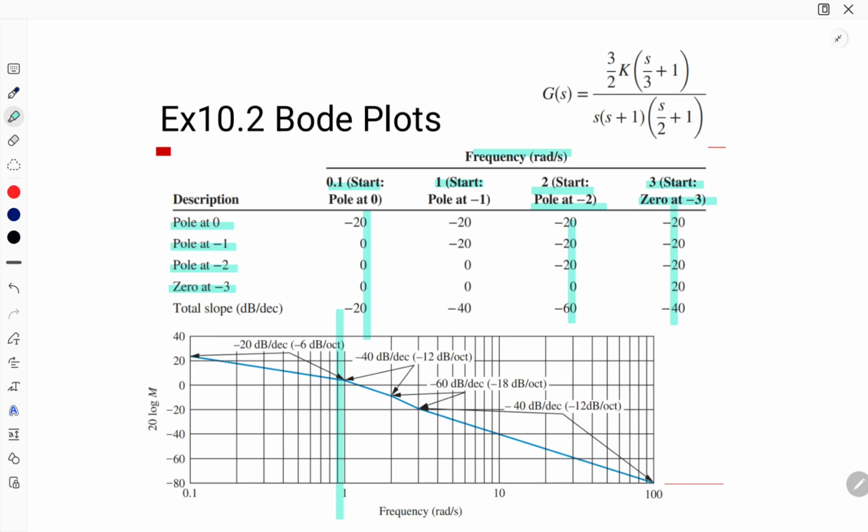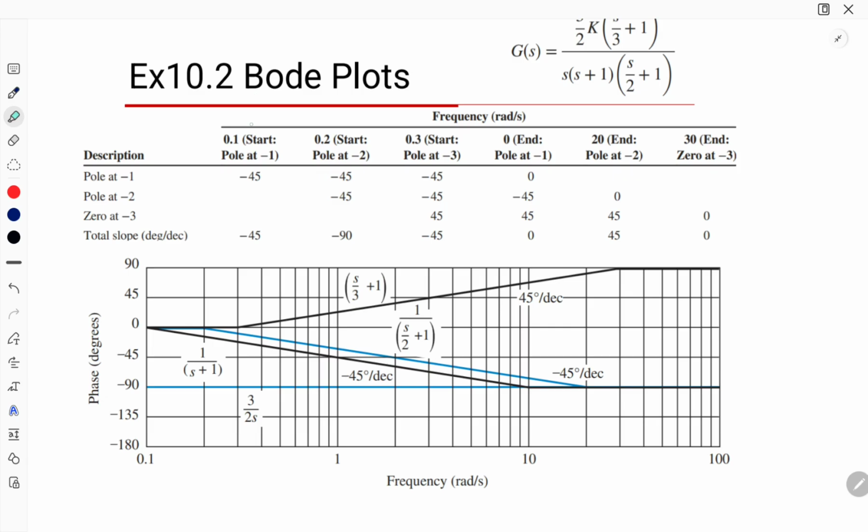And you still have a pole at 0. So you tally up all the poles, you subtract all the poles, and then you add the 0. The 0 happens at 3, and this is what you have achieved.